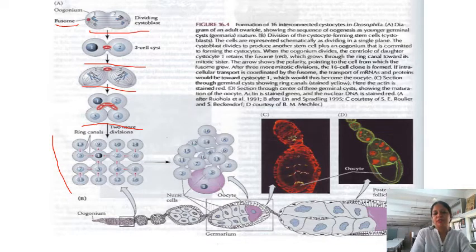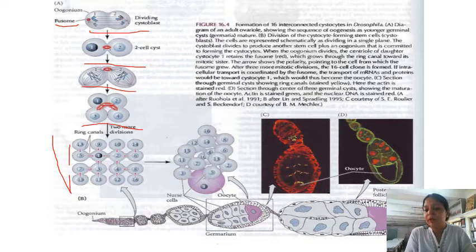All the other 15 cells don't have the fusome, but you can see that all these cells retain connection with cell number 1. Why? Because it has the fusome. So basically that cell which has the fusome is destined to become the oocyte. All other cells will become nurse cells, and they are termed cytocytes. This is the oocyte and the others are cytocytes. So the fusome is retained by only one cell, and that cell is termed the oocyte.